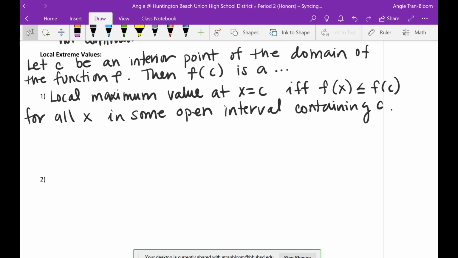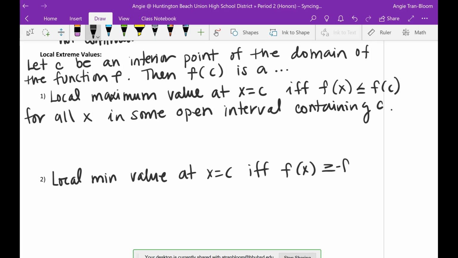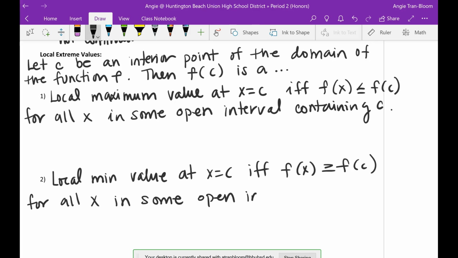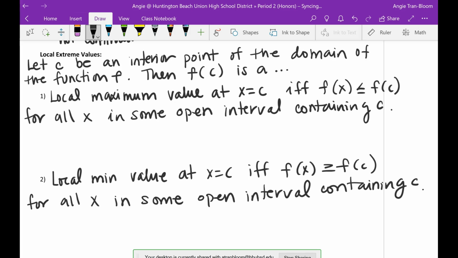Two, local minimum value at x equals C if and only if f of x is greater than or equal to f of C for all x in some open interval containing C. And let me just draw a picture and make up a graph.